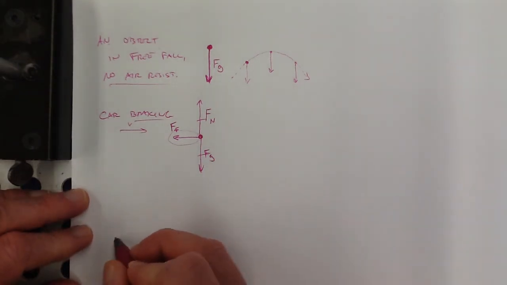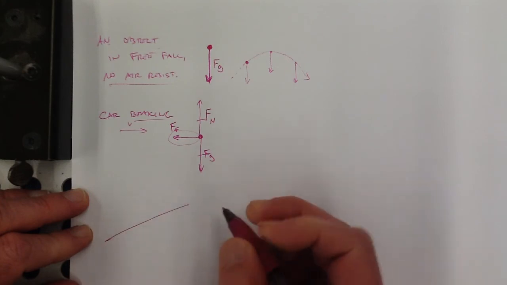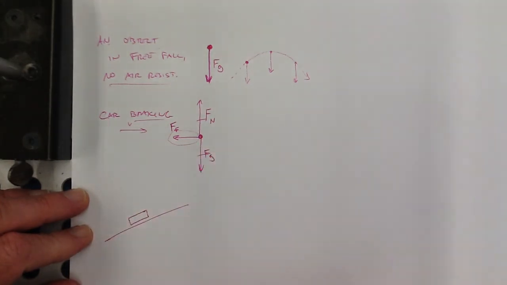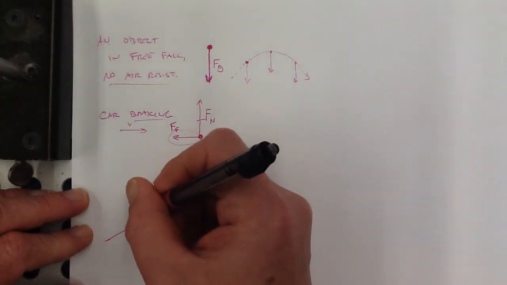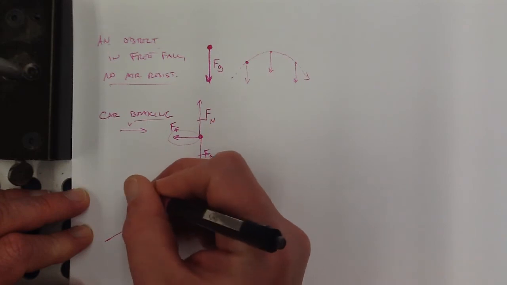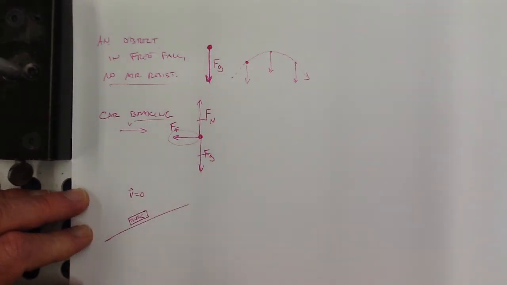So sometimes we have objects on ramps. This is going to be something that we want to get good at. So here's a book, and it's sitting on this ramp, but there's enough friction so that it doesn't slide down. So what would that look like?